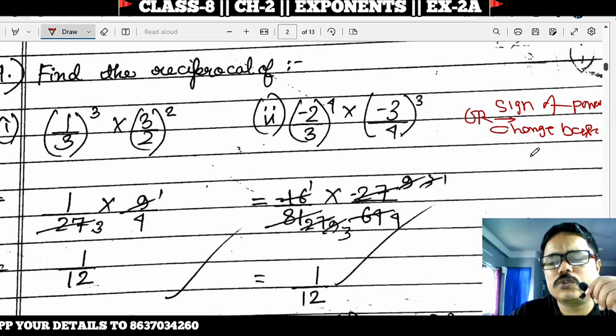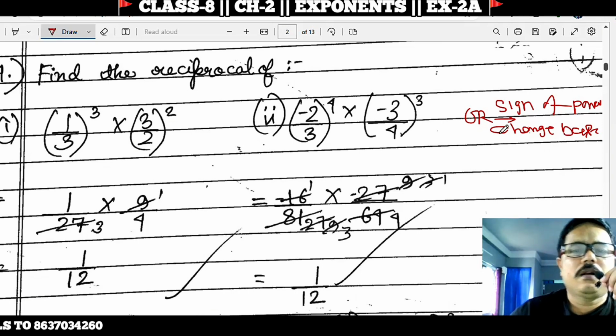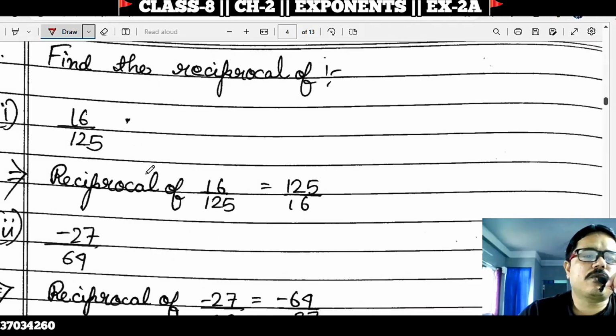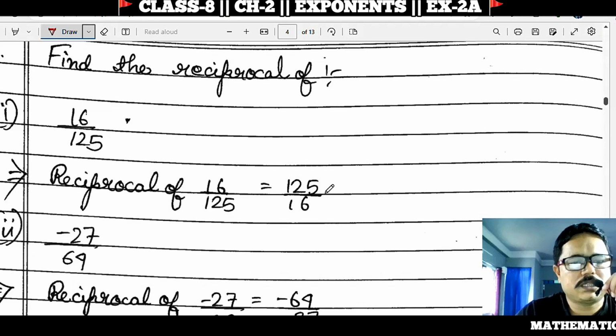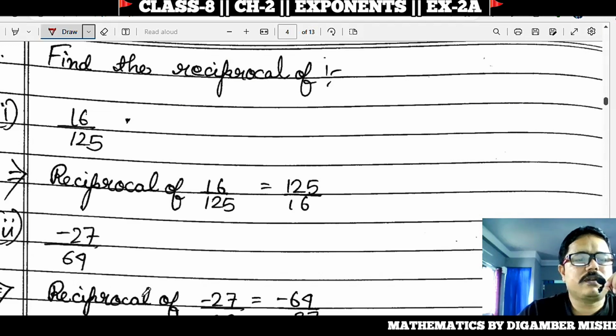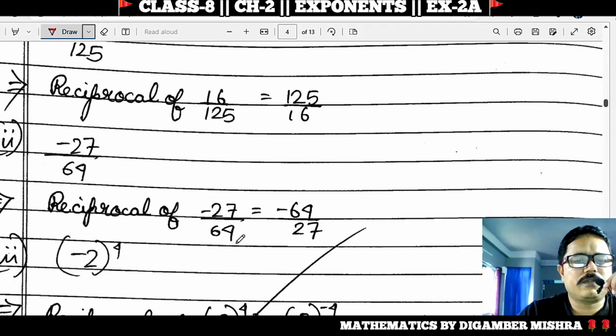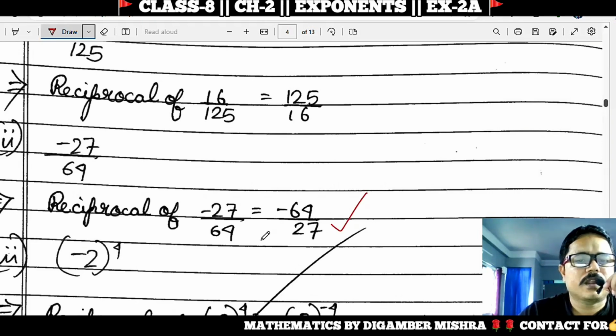If you do both of the things, then your answer will be wrong. 16 upon 125, so the reciprocal of 16 upon 125 is 125 upon 16. It's not in the power form, it's okay, it is not asked also, fine. Minus 27 by 64, the reciprocal of this is minus 64 by 27, it's right.